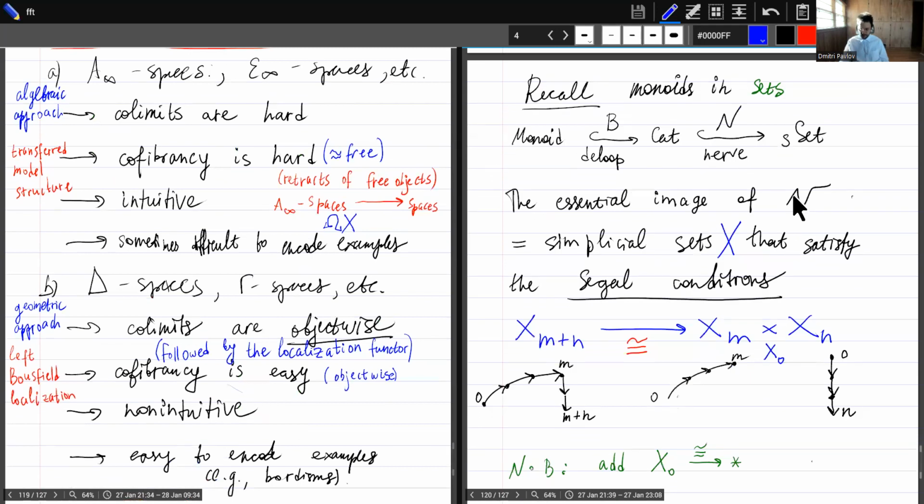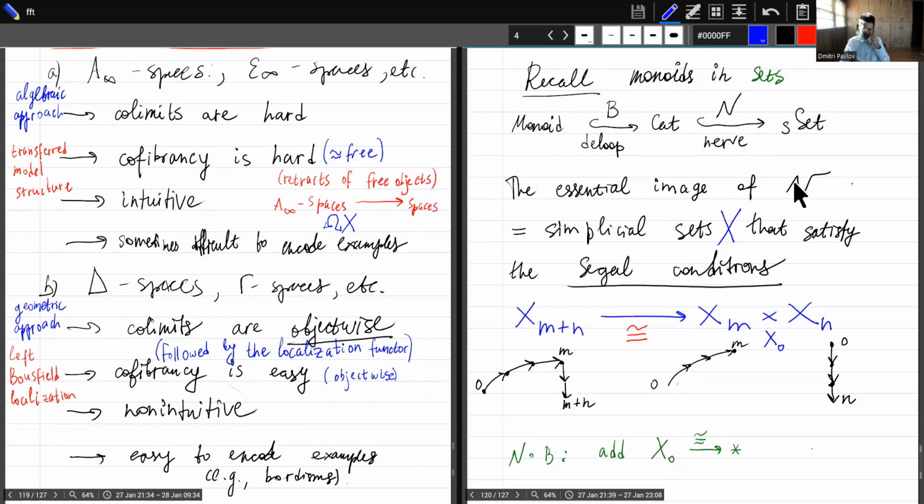All right, so let me recall, just to motivate, the definition of a Segal space, which may not be the most intuitive of all definitions. Let me very briefly review the constructions associated to monoids in the category of sets. So just the usual monoids that you are familiar with from your abstract algebra class. So we have the category of monoids, which I denote by Monoid.